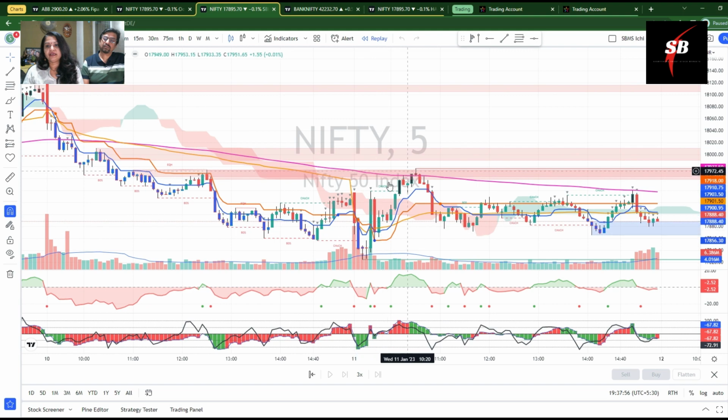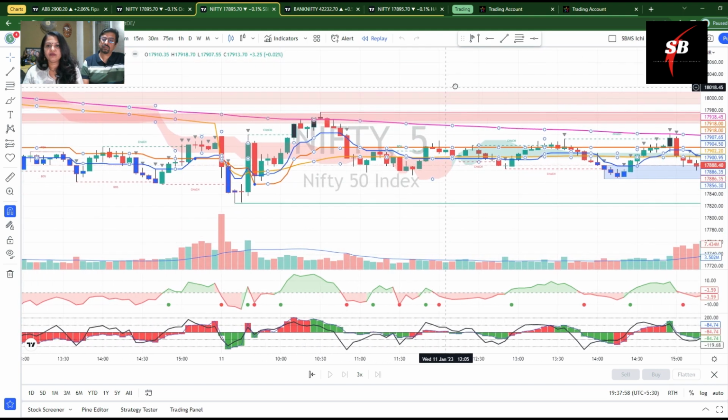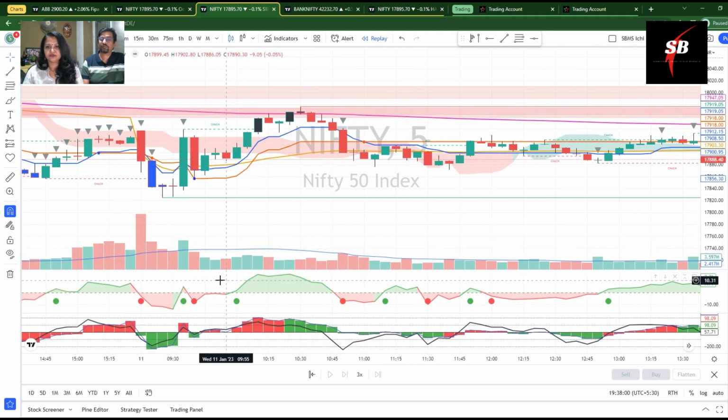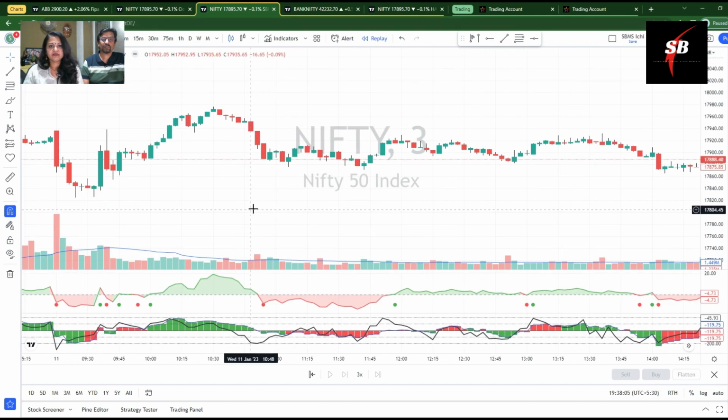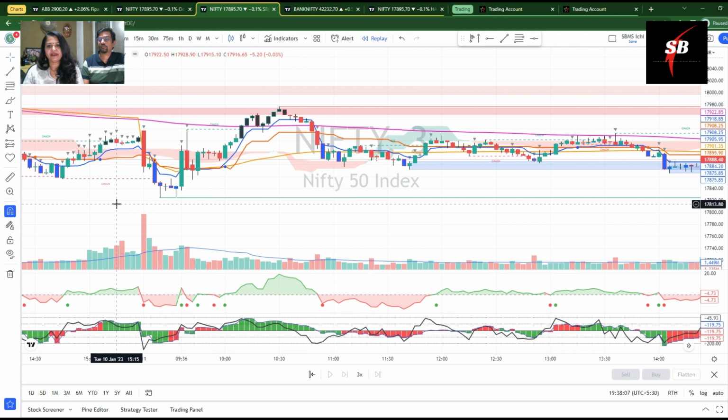Let me take one more example from today. Here let me go to a 3 minute time frame, as we prefer to trade on a 3 minute time frame. Here, this was our first alert candle. As soon as the low of this candle broke, we entered into a sell trade.